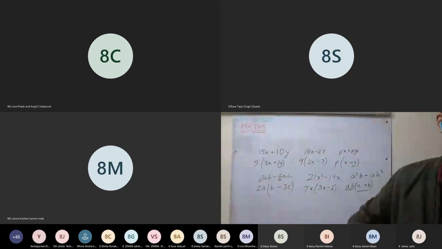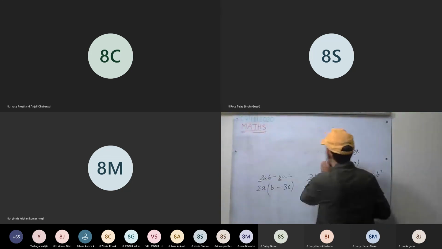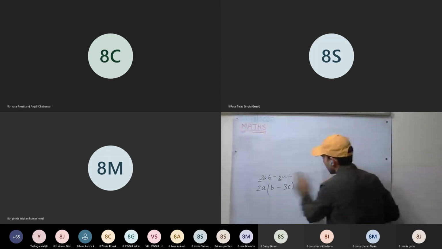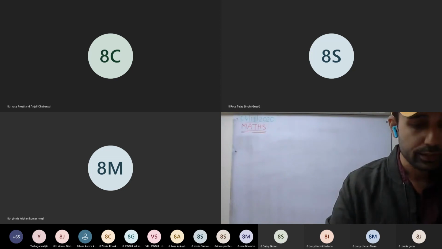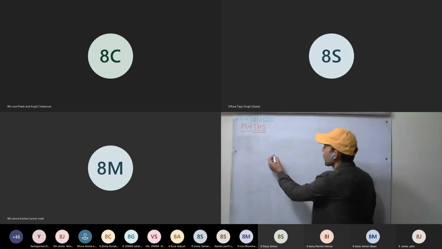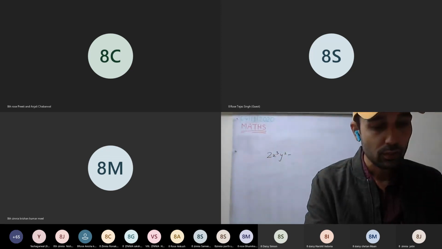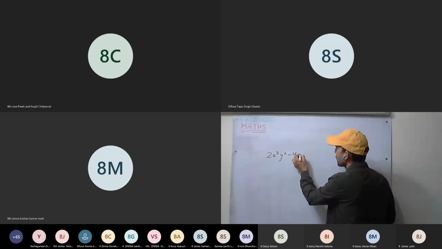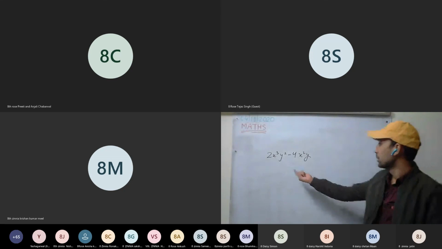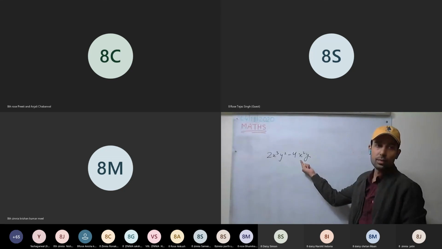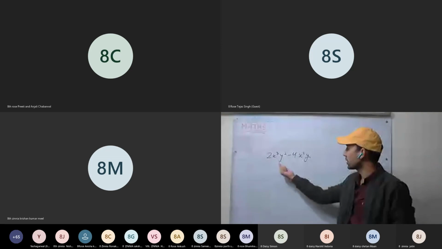Okay. Next one, Yash Agarwal. Next question is 2x cube y square minus 4x square y. Answer this one, Yash. Find the highest common factor of these two terms.